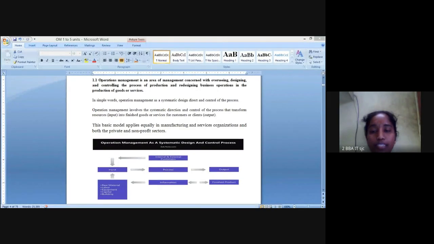Nowadays it is a competitive market and heavy competition exists in the market. That is why organizations are concentrating on the research and development department to collect information about customers' feedback.